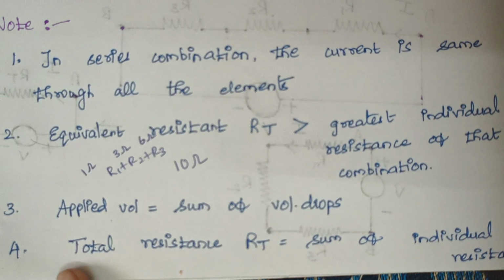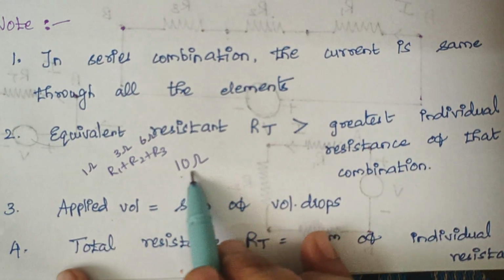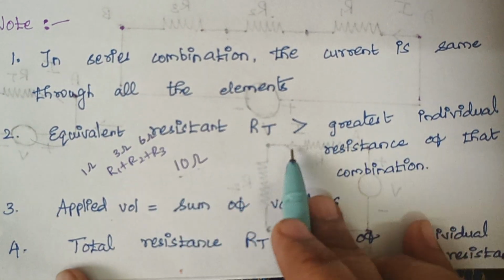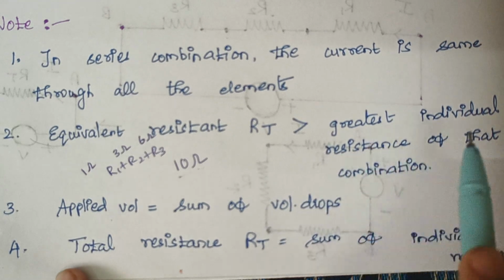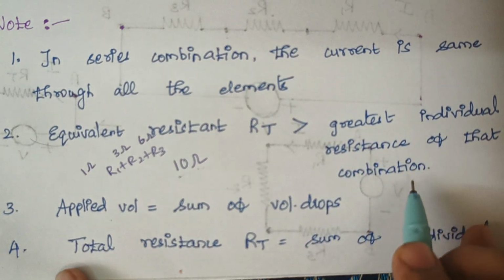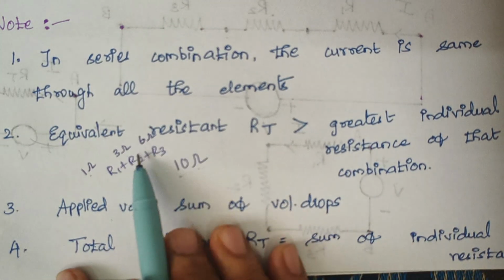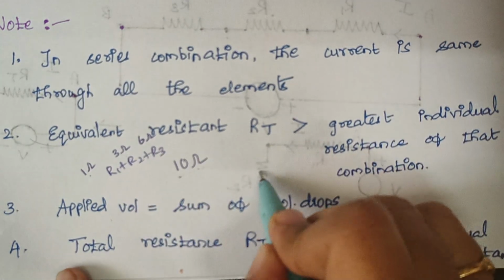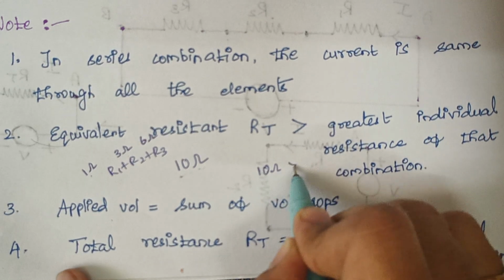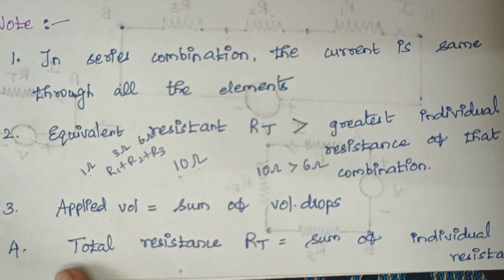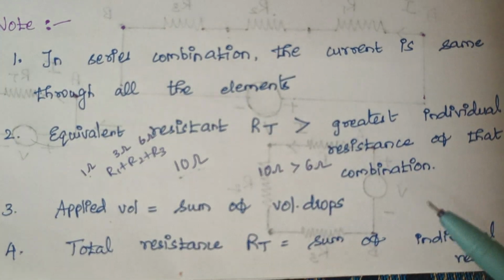So this equivalent resistance is greater than the greatest individual resistance of that combination. Among 1, 3, 6, which one is greater? 6 is greater, so this 10 ohm is greater than 6 ohm. That is the meaning here.